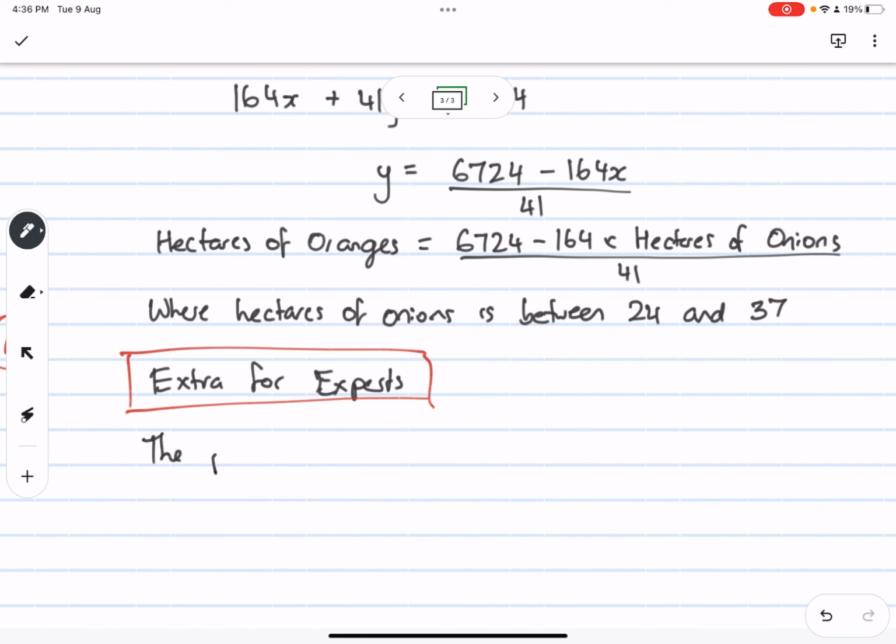So the profit for onions in future years was 4 times that of the oranges.